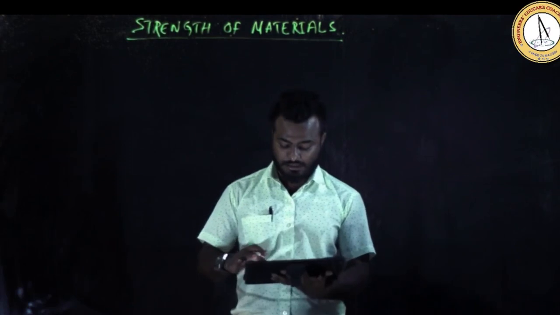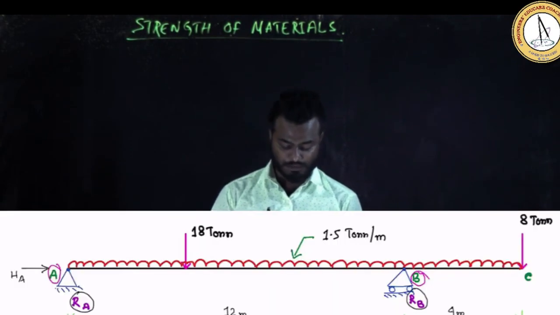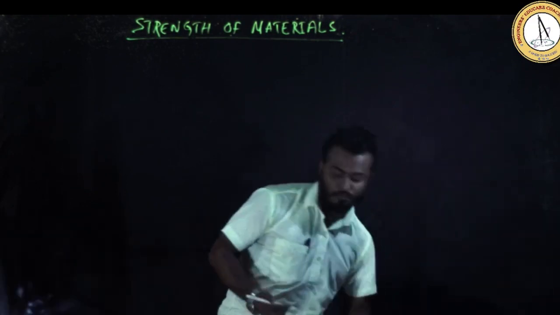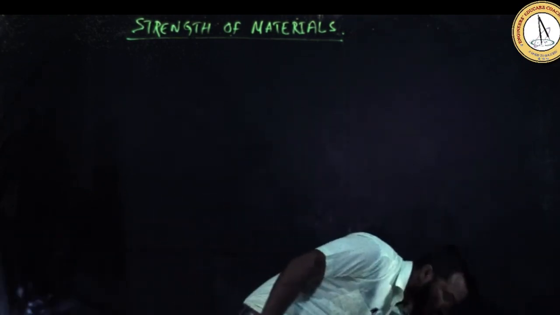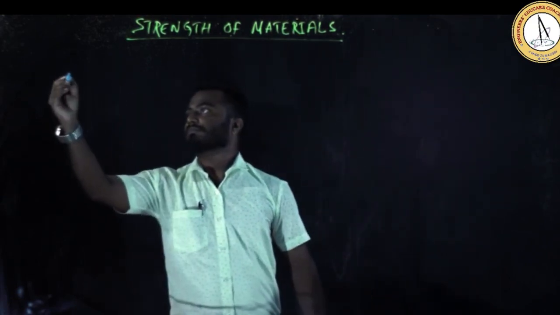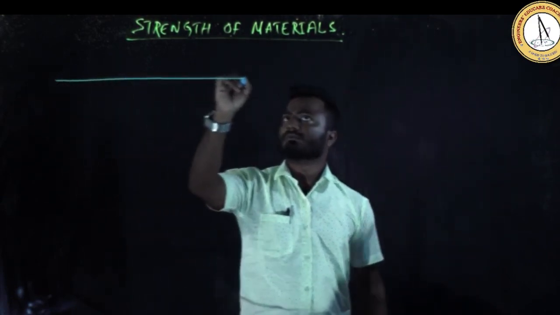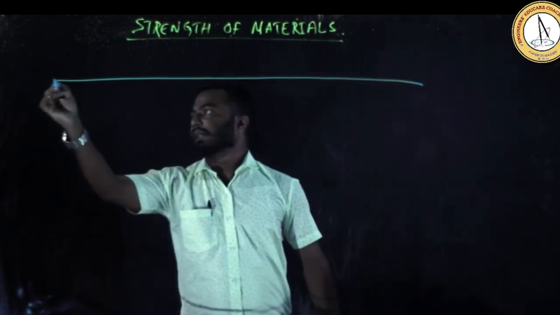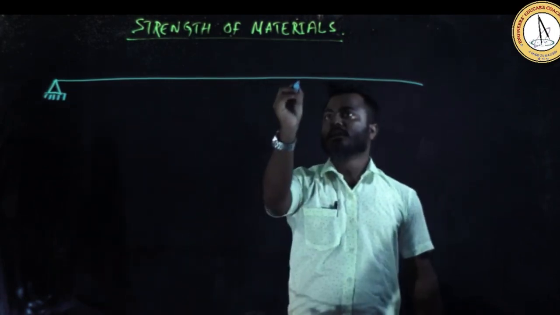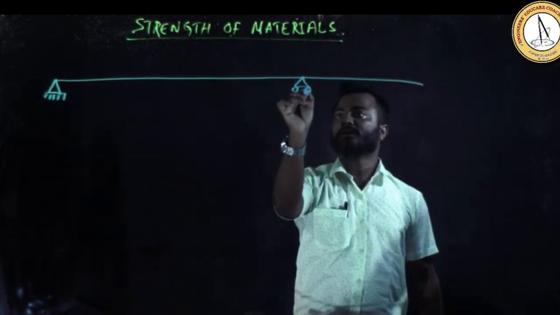Now if you look at the screen, the beam is visible. This is my beam. I am also showing it on the board. So let's draw the beam. Say this is A, which is a pin support, or hinge. This is B, which is a roller support.